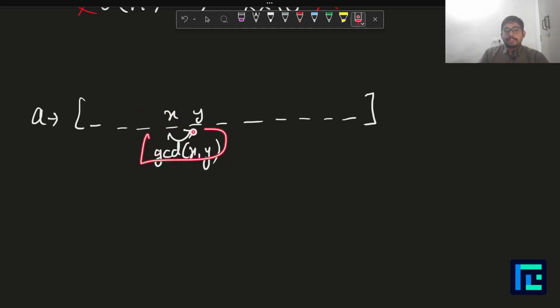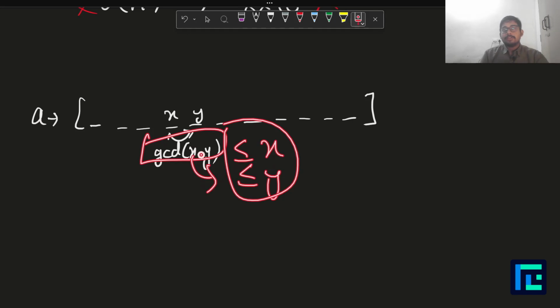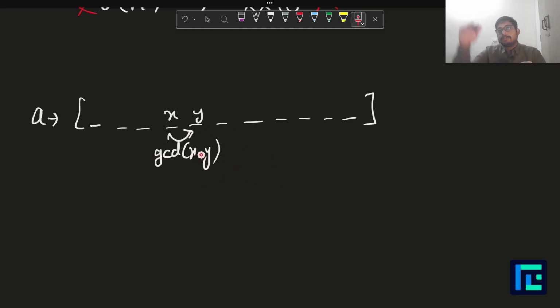Whenever you take the GCD of two numbers, it is always less than or equal to both the numbers. So taking GCD of more and more numbers is always going to reduce my number, and after some point it may become 1. If x and y are co-prime, then their GCD would be 1. That's when we get a 1. The only way we can get 1 for a GCD is if x and y are co-prime, they don't have any common factors.